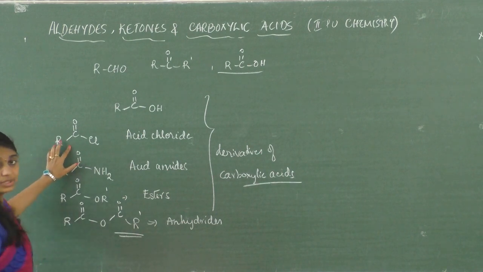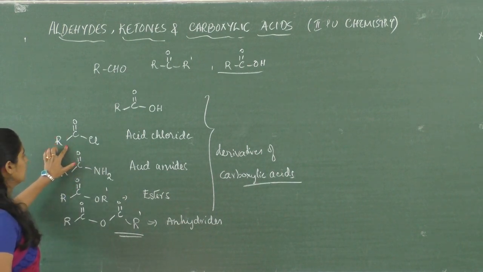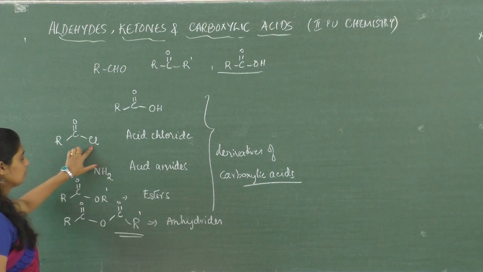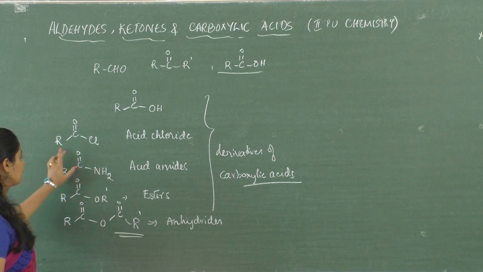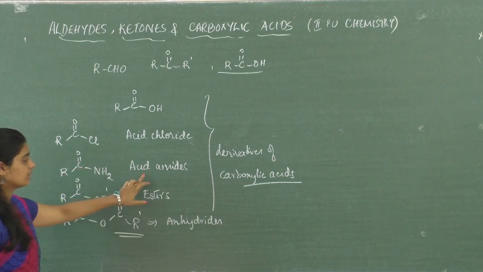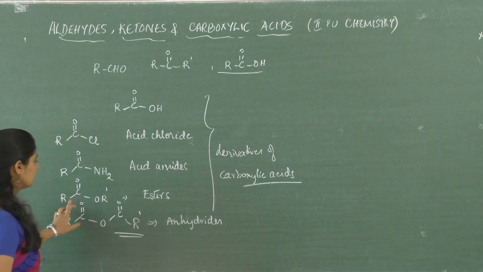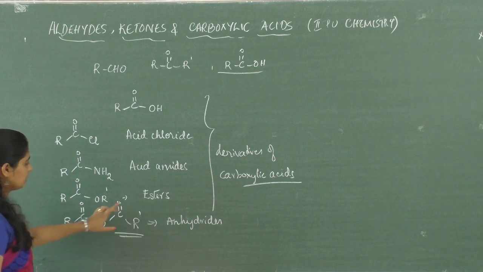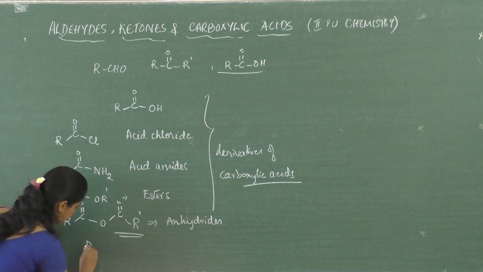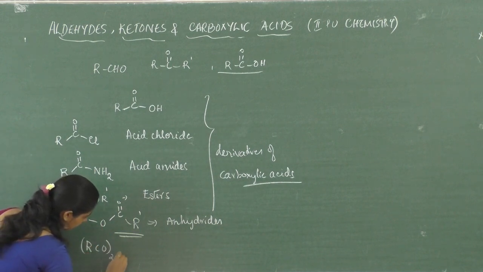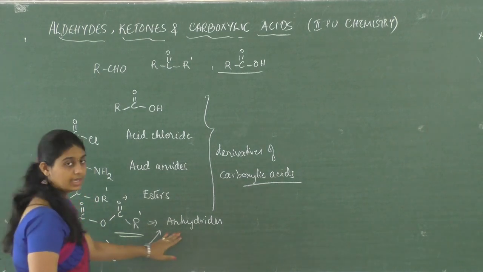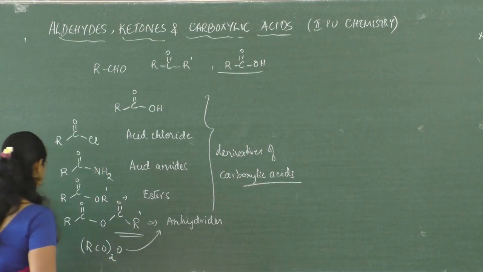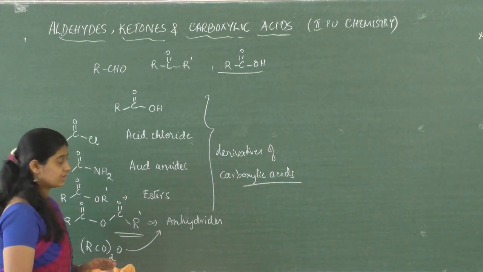So this you need to remember, that is the common names: RCOCl, that is acid chloride; RCONH2 is called amides or acid amides; this is the general formula, RCOOR' is ester; then RCO, or else this can be written as RCO tied with the oxygen. So this is called anhydrides.